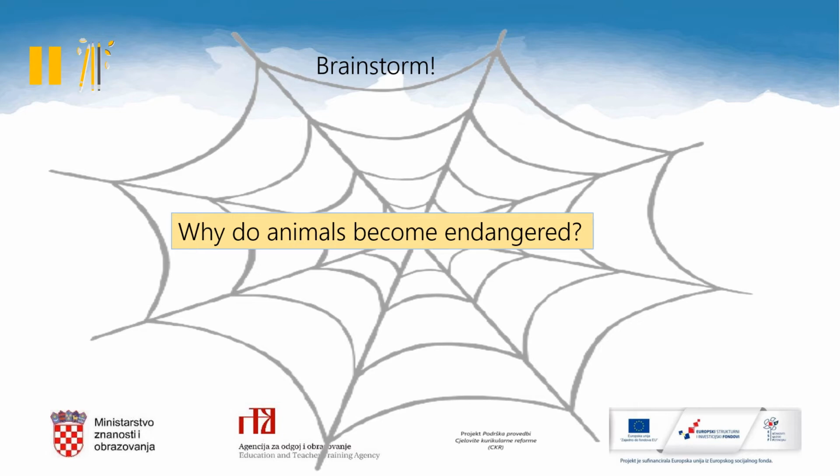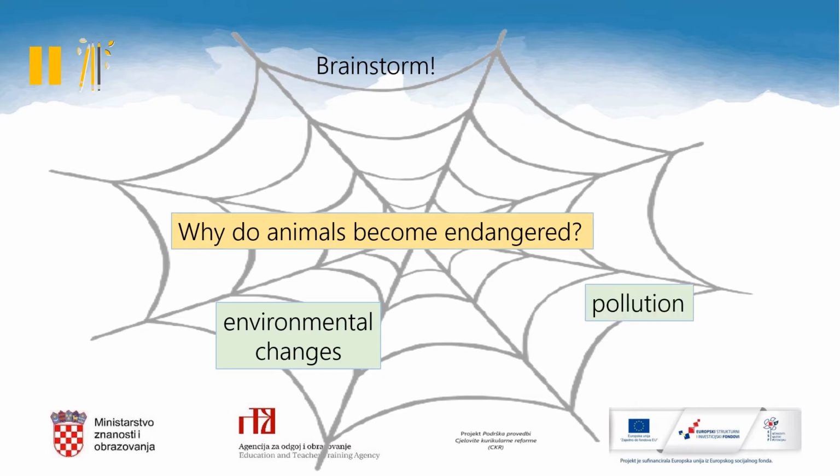Okay, now let's check some of my ideas and compare them. So, why do animals become endangered? Because of environmental changes? Because of pollution? One of the reasons is lack of food.